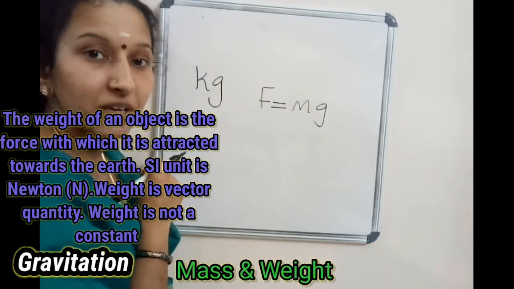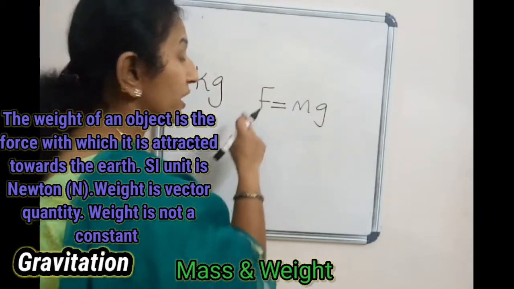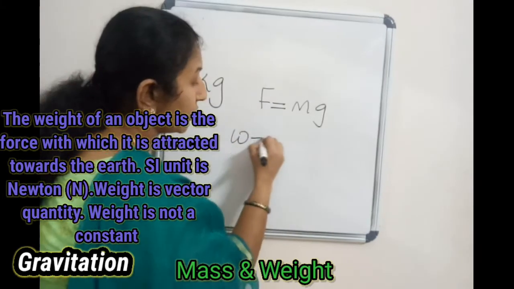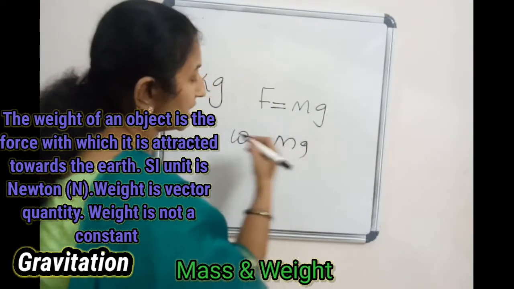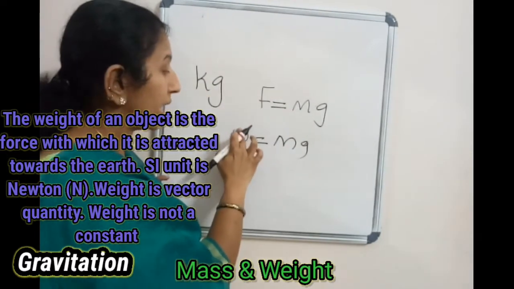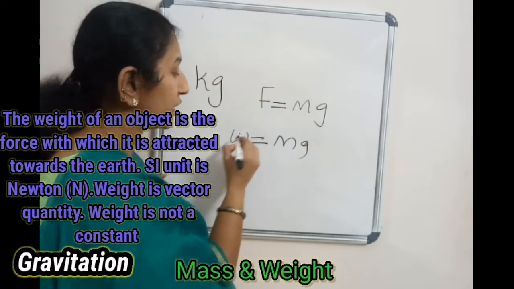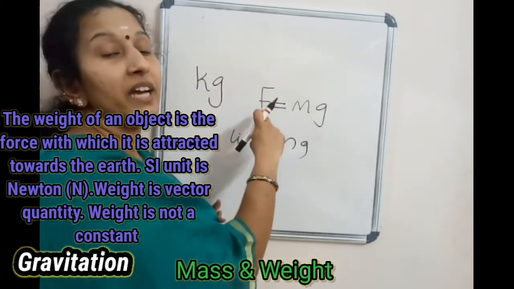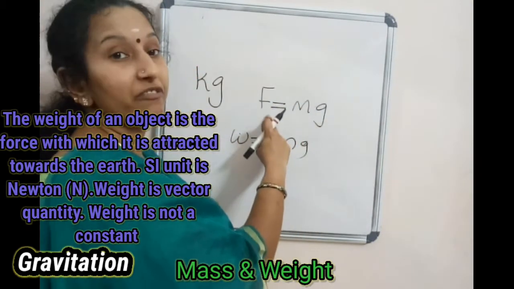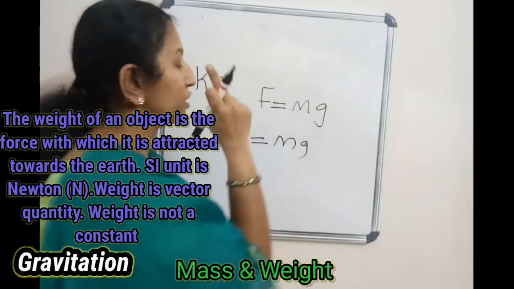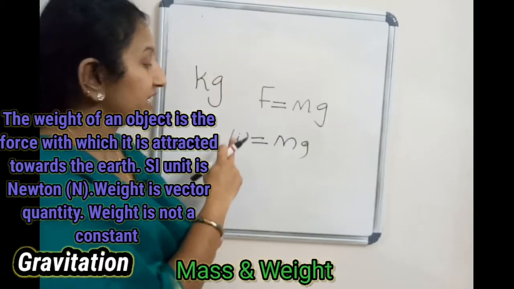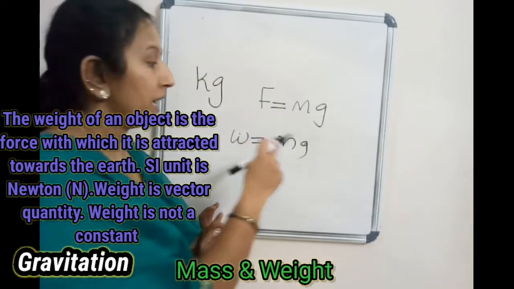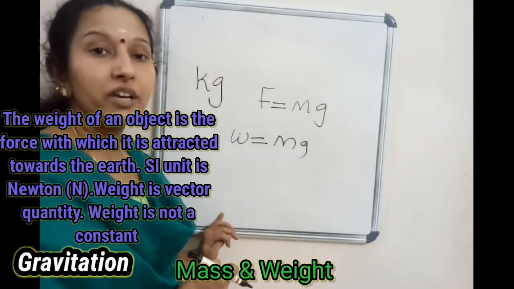Weight is the force between the object and the earth. So you can write the equation for weight, W equals mg. Why W equals mg? Because weight is the attractive force between that object and the earth, the same as F equals mg. So the same equation can be used for weight: W equals mg.